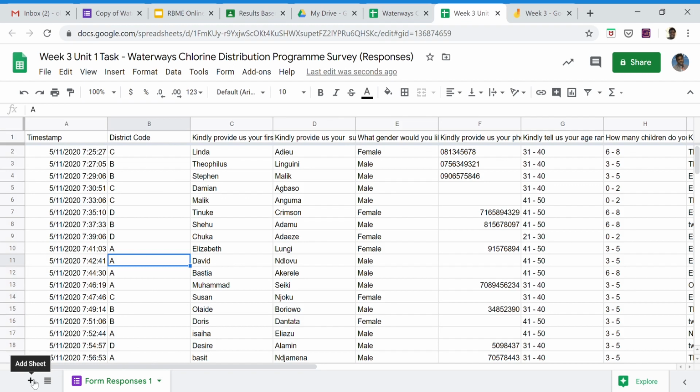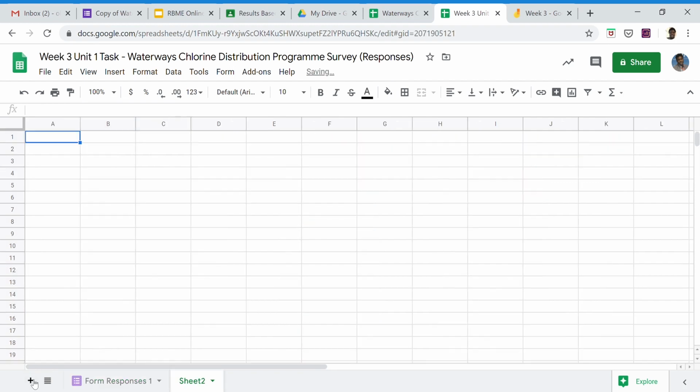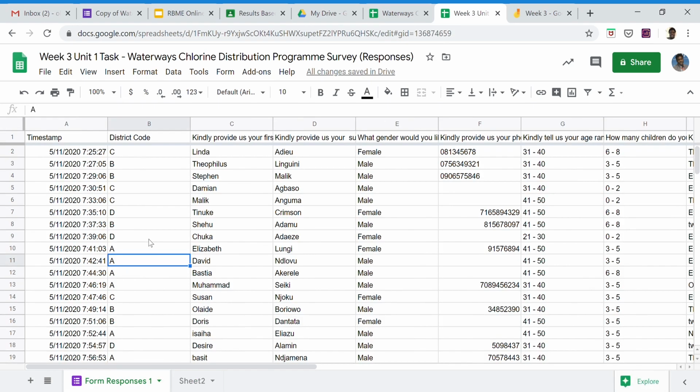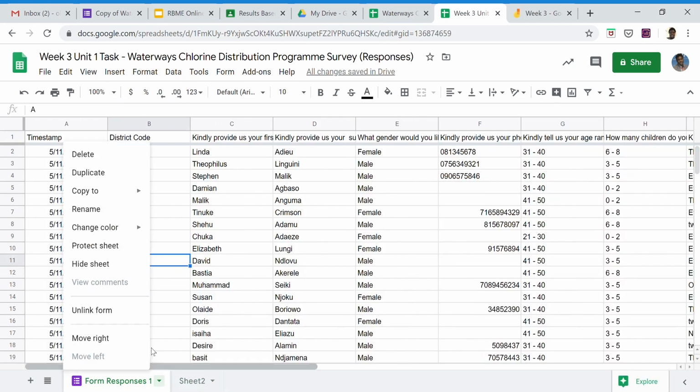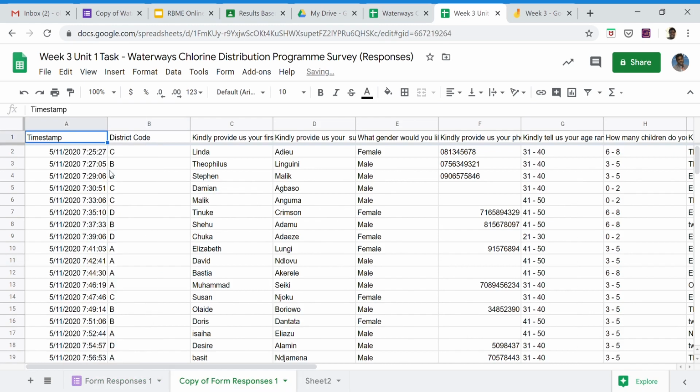Let me add another sheet, and what I can do is make a copy of this, duplicate it.